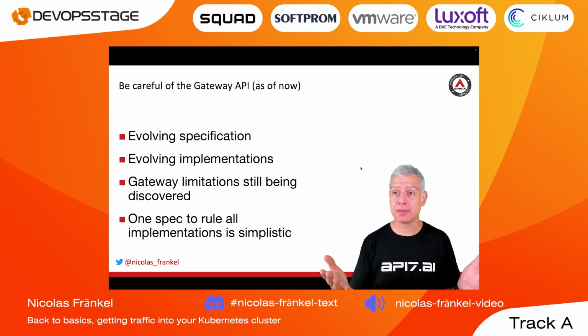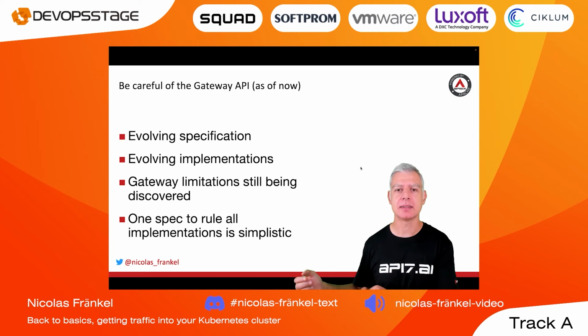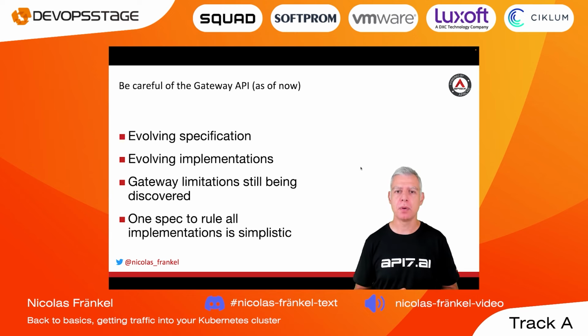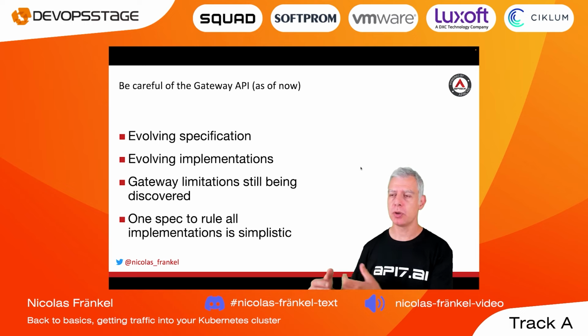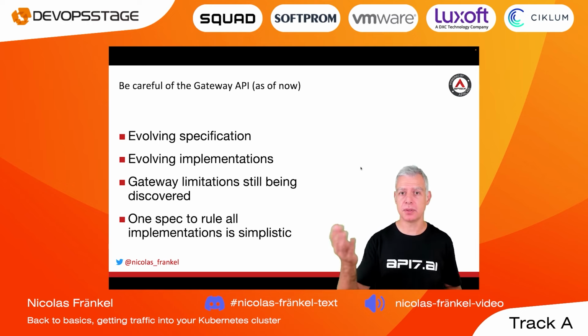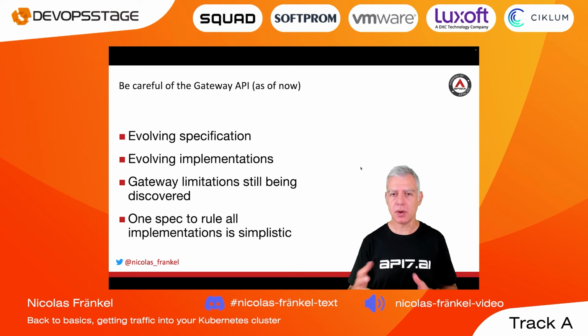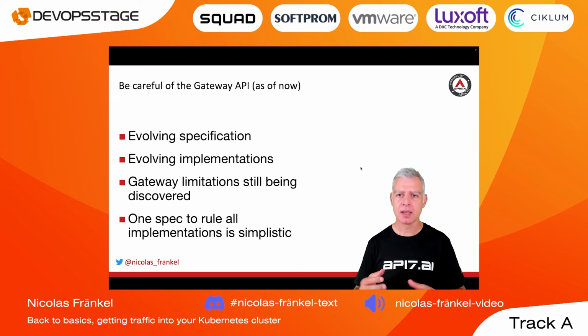I don't know, perhaps you want to do monitoring because, well, everything needs to be monitored. You might want to do stuff that your regular implementation allows you to, but that the Gateway API doesn't allow you to. So at this point, we are still trying to discover what the limits are.